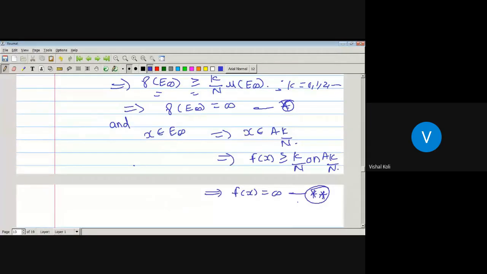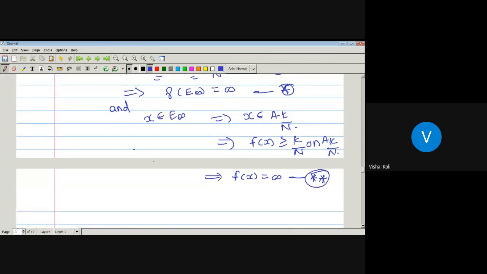So these two concepts, that f of x equals infinity and gamma of E infinity equals infinity, hold simultaneously, since they are on the same positive sets A_k by n. Therefore both are the same. As f of x is equal to infinity, then the integration over E infinity of f d mu is also equal to infinity.